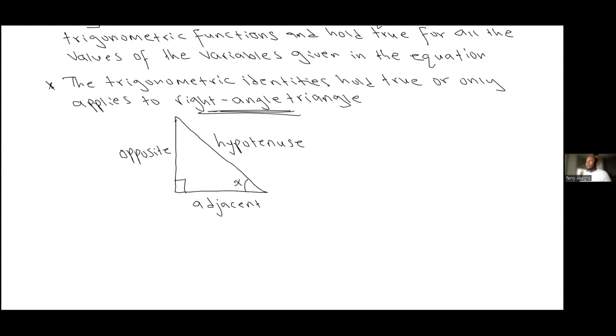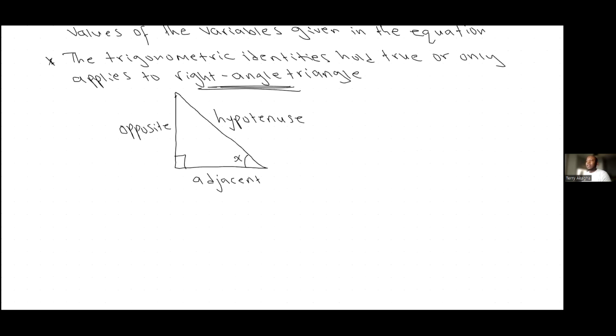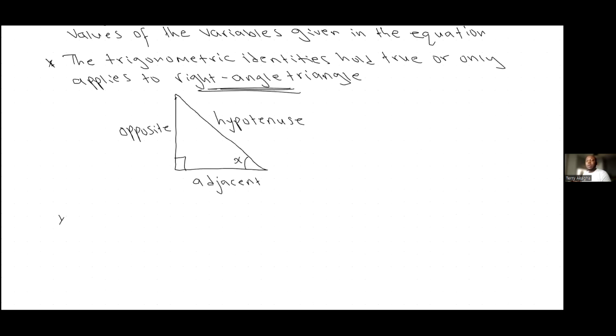So, but there are about 6 trig identities, or let me say 6 trigonometry ratios, that these identities are based on, okay? So I'm going to list the 6 trig ratios that the identities are based on.